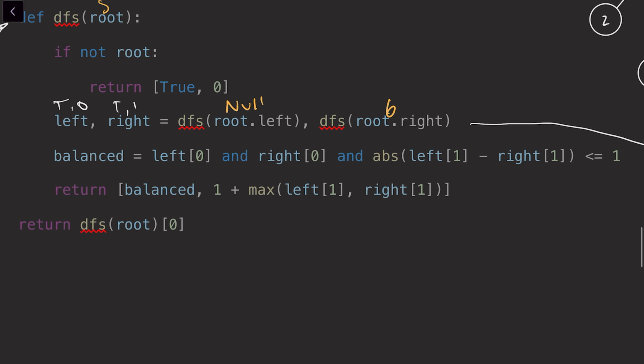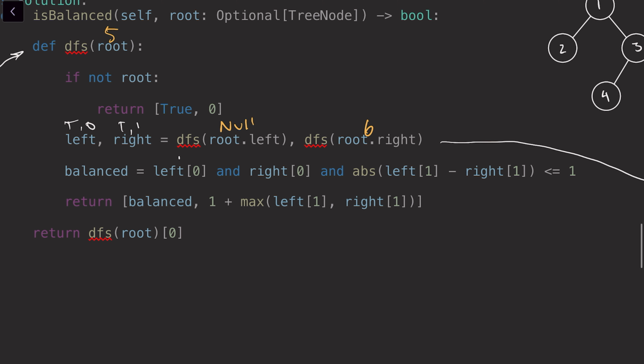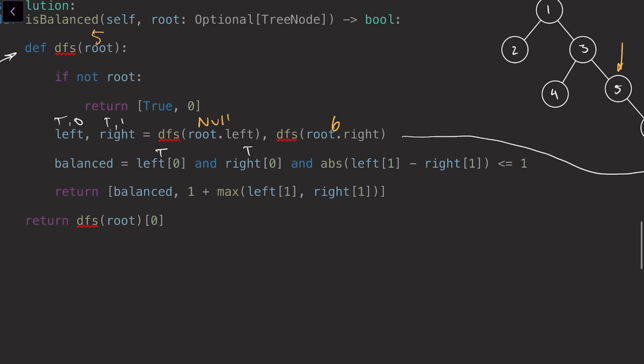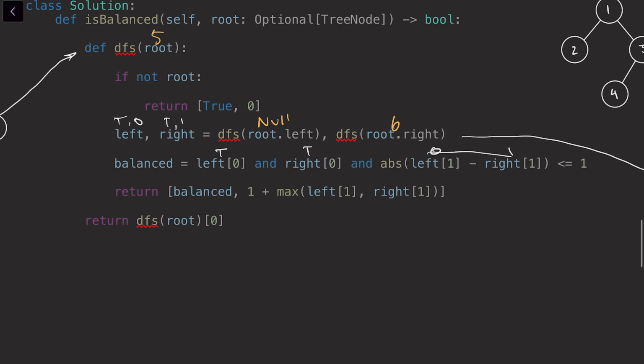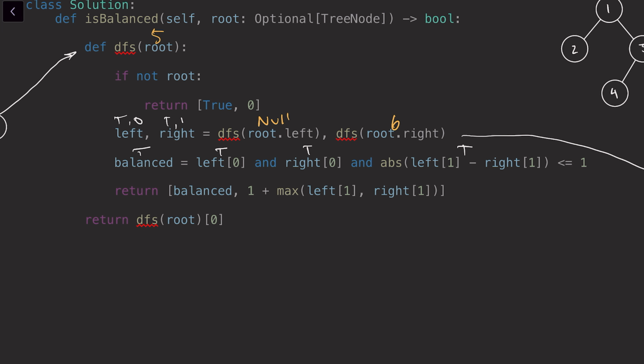And let's see, so now that the left is balanced, the right is balanced, and let's look at the heights. So the left height will be 0 and the right height will be 1. So 1 minus 0 is still 1, and 1 is less than or equal to 1. So that checks out. That will still evaluate to true this time.